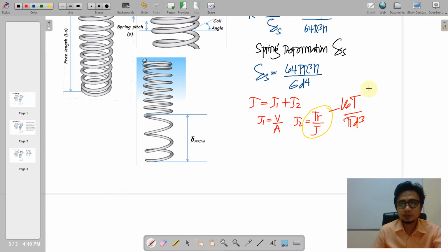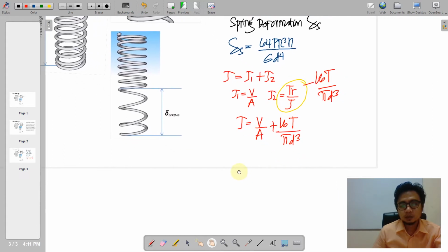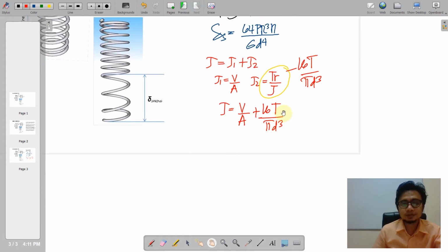So this formula is intended for a circular solid shaft. We add the two, and we take note that this T here is a torque, and a torque is force times a distance, because a torque is a unit for a bending moment force.